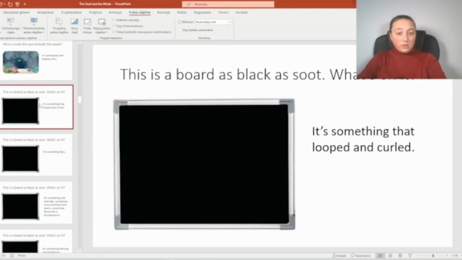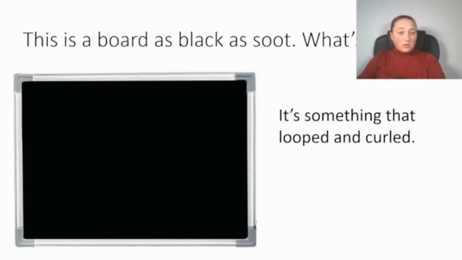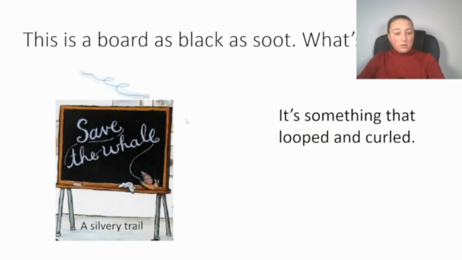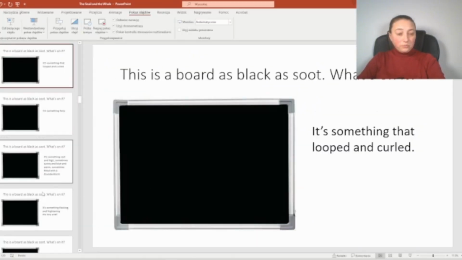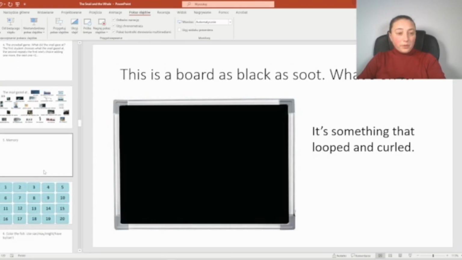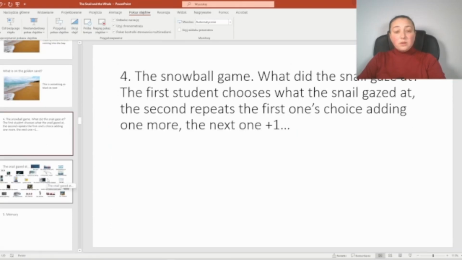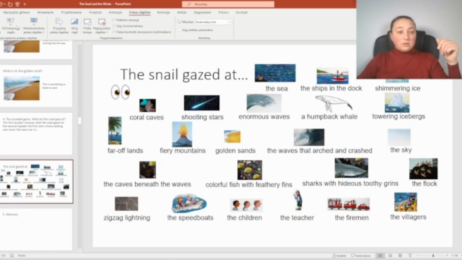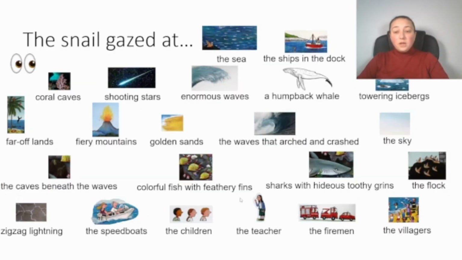Okay, and then I change the picture. What's on the board? It's something that looped and curled. Here we are. It's a silvery trail. Okay, then the snowball game looks a little bit different. Here are the pictures from the book.